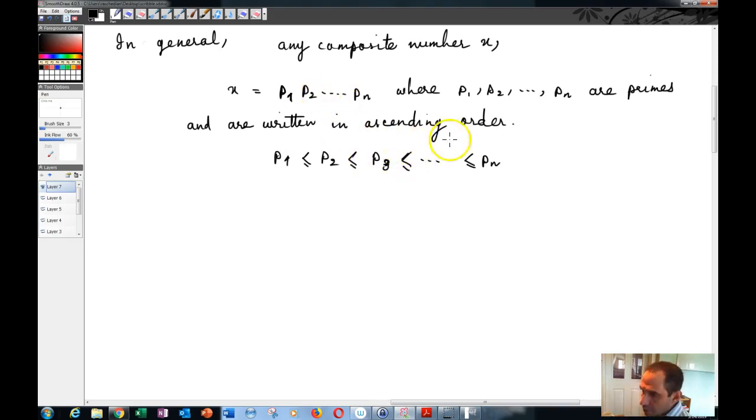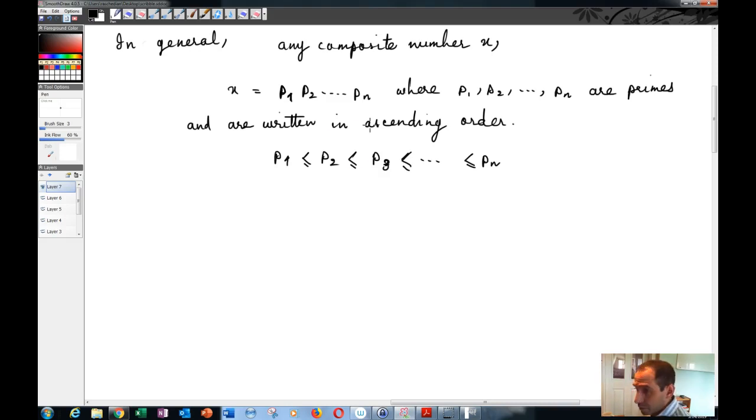And once we have decided that the order is ascending, then the way that the number is factorized is unique, because there is no other number that can have the same type of factorization, right?